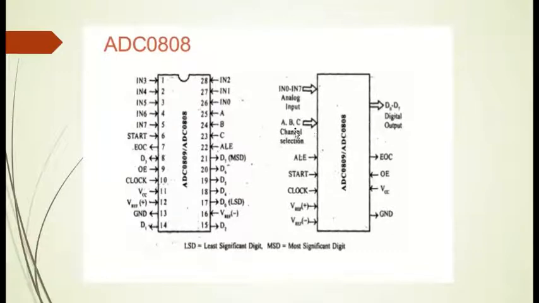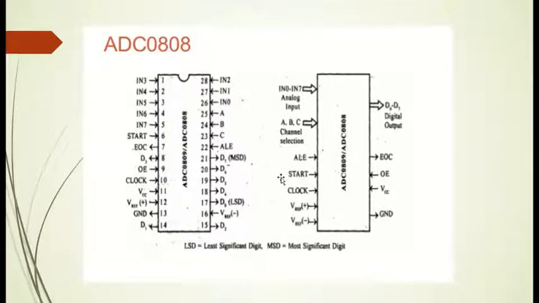Using the ABC pins, we can select any one channel for getting the input, and ALE is used for that purpose too. We have address latch enable. We have seen ALE already in many pin diagrams, where it is used to select the address port or data port based on high or low, but here it is different. It is used to latch the address that is being selected.